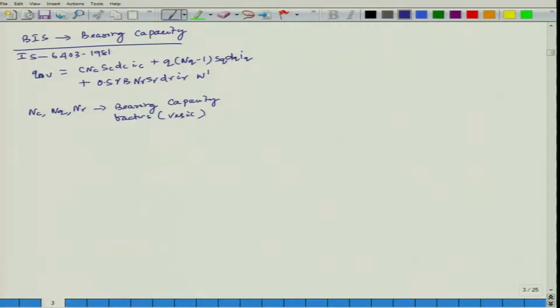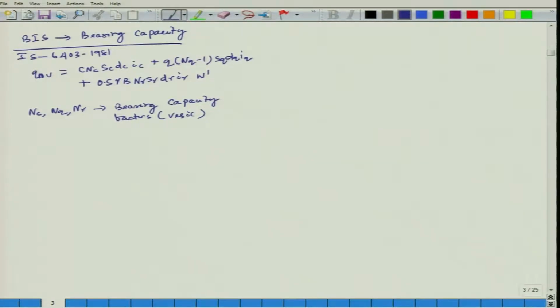There are three cases: one is Terzaghi, another is Meyerhof, and the third is Vesic, considering safe depth factors. From there you take it.